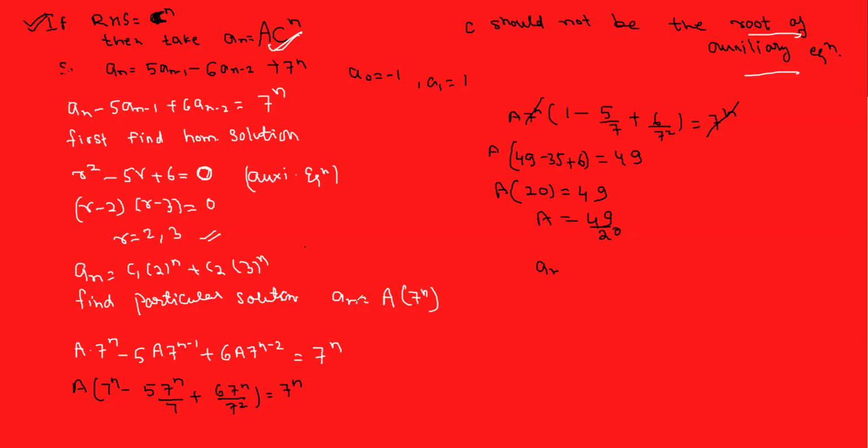So always represent a particular solution as a_p. a_p will be 49, which becomes 7 raised to 2.